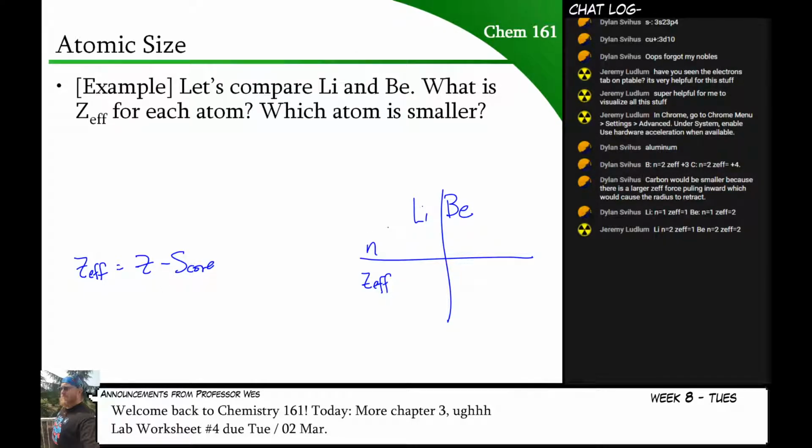So, for lithium, they're both n equals 2, because that's the valence shell. And then for ZEffective for lithium, there are 3 protons and 2 electrons in the core, because lithium's electron configuration would be that here are my core electrons, so that's these 2.